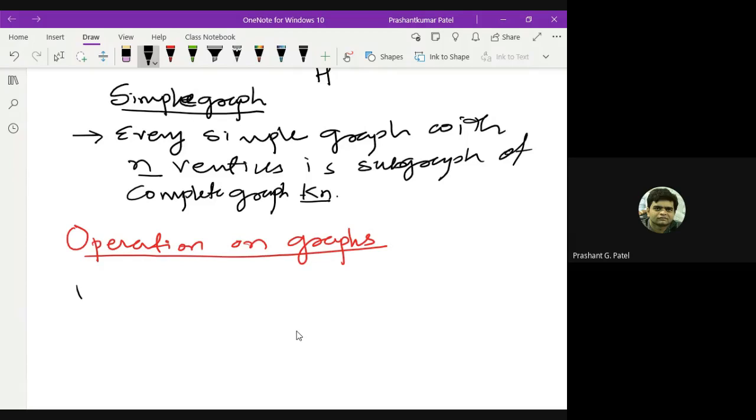The first thing we are defining is the union of graphs.